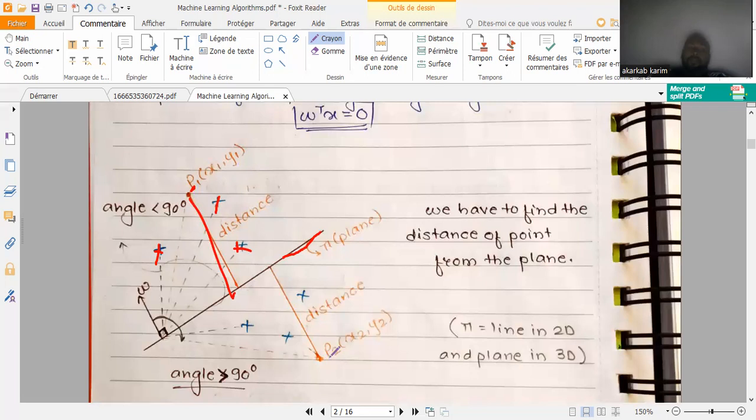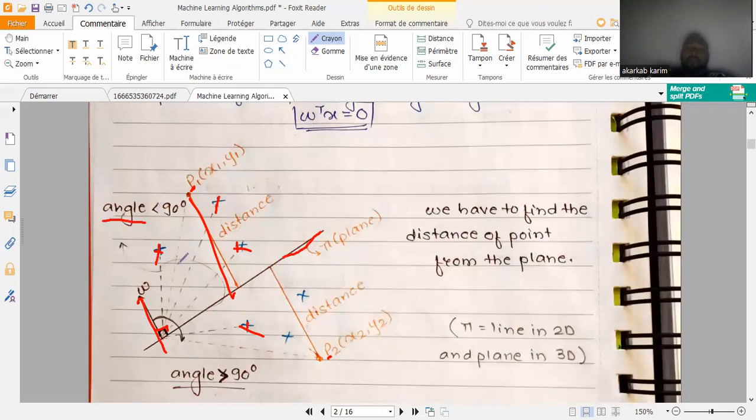Same thing for P2. We have the coordinates and we try to project P2 onto this plane. We have also some other points here. Well, the whole idea here is that we try to see this angle that we have here. We have this W here, called the unit or direction, and we will see that after. And we try to see all the values of the points that we have in this angle.